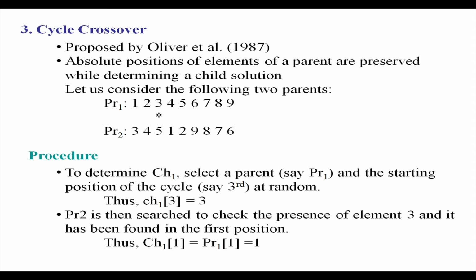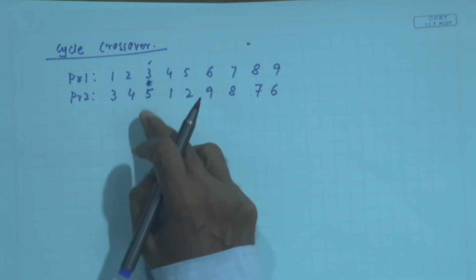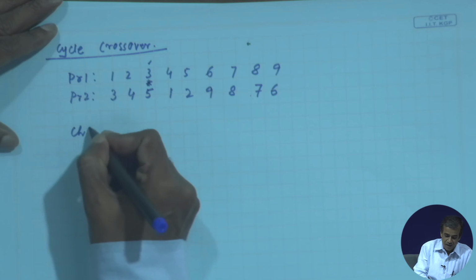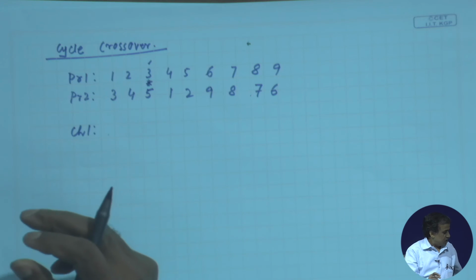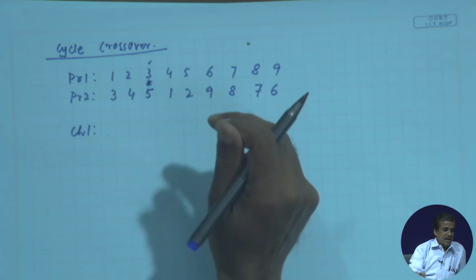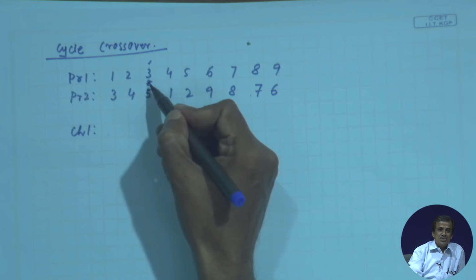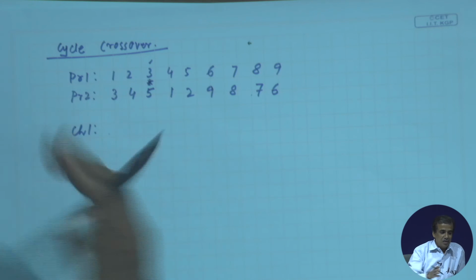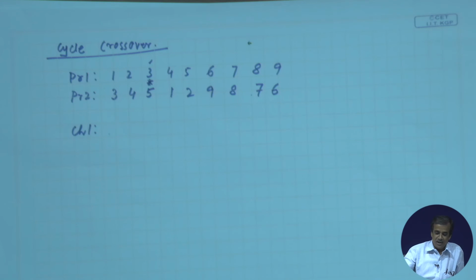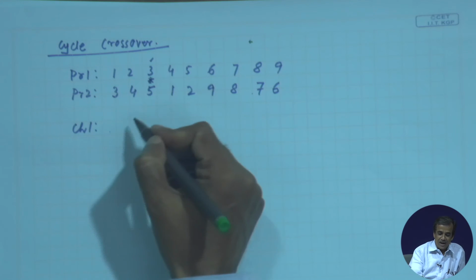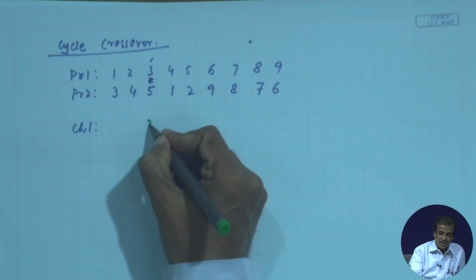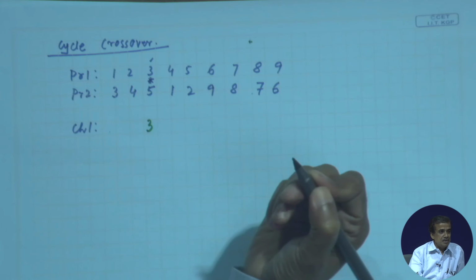I am trying to find out child 1 and child 2, and the starting of the cycle is C1 3. Thus, child 1 position 3 is equal to C1 3, which is 3.